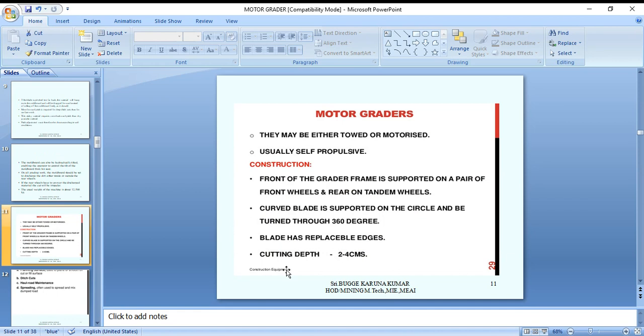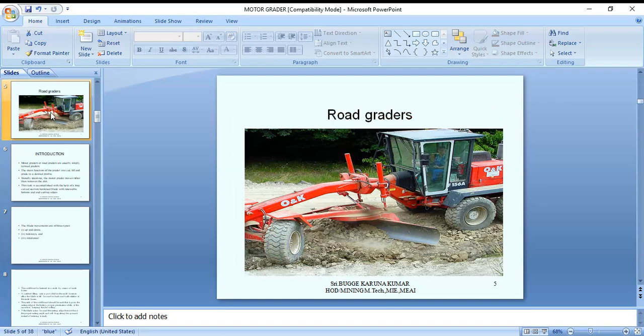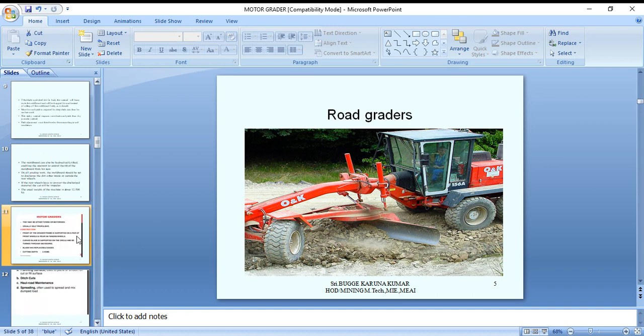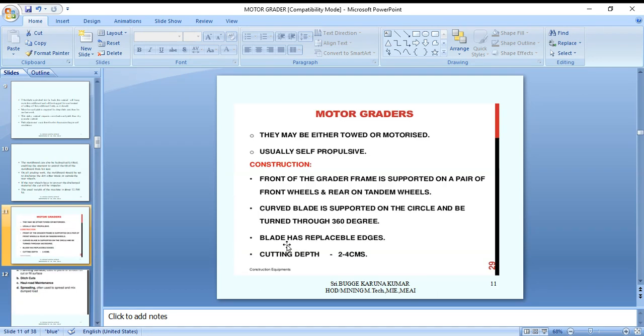So these are the general construction details. The curved blade is supported on the circle, as already shown in this figure very clearly. This is the circle, and with 360 degrees it is possible to rotate the base of the blade.